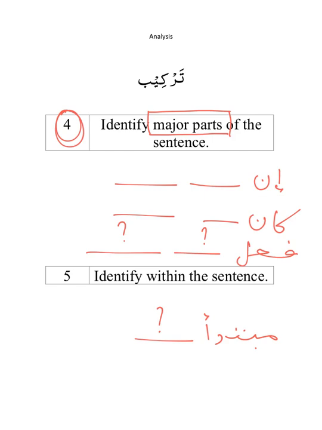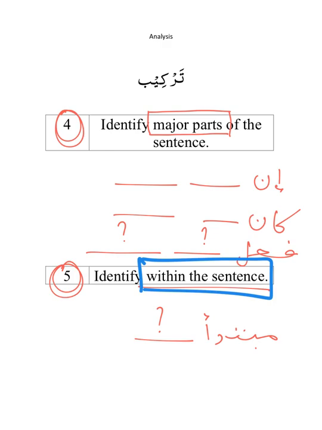So you identify the major parts of the sentence. And then we come to step 5, which is an addition to step 4, which is to identify within the sentence, for example, whether the mubtada is a compound. Is it mudaf ilayh? Is it mawsuf sifa?